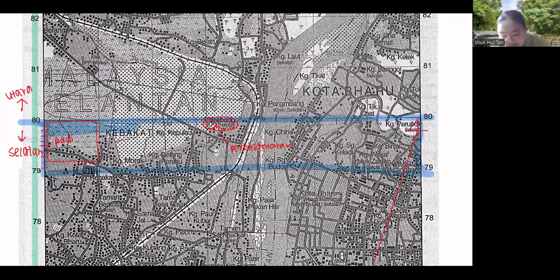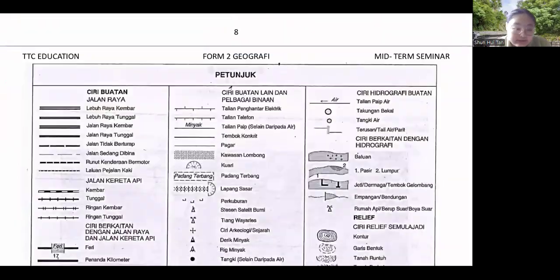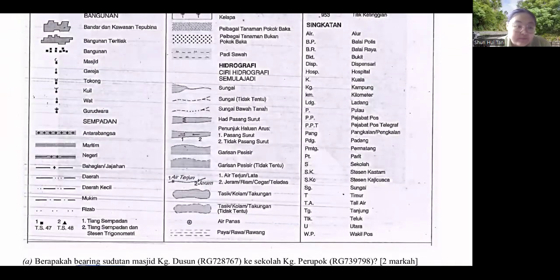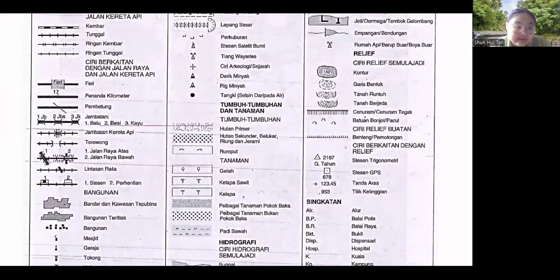Now, do you realize some of the boxes are square in shape, but some are longer? What is it? Now, what is this? Pertempatan. Yeah, we call it pertempatan. But if you look down here, they have another name for them.